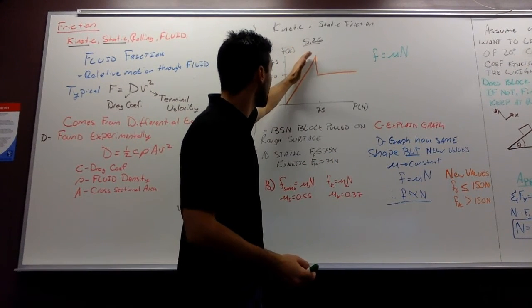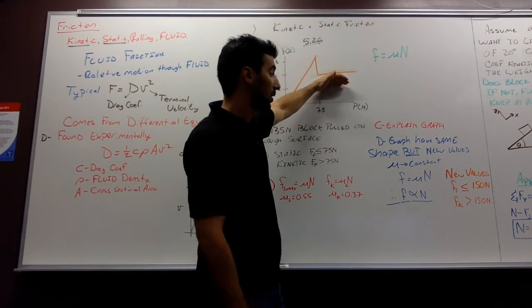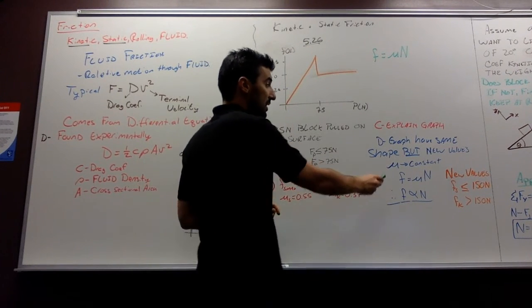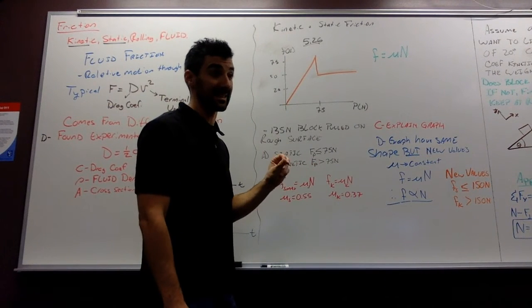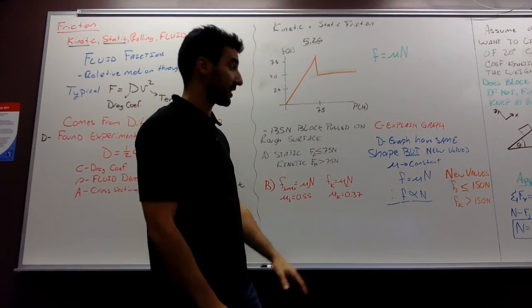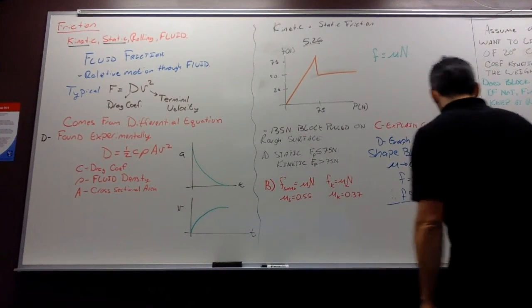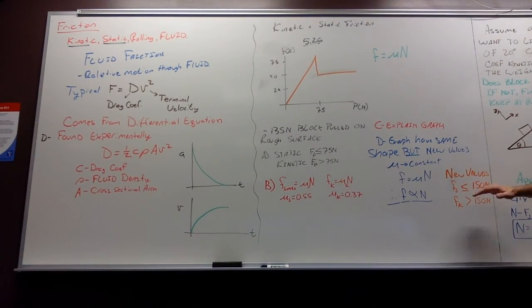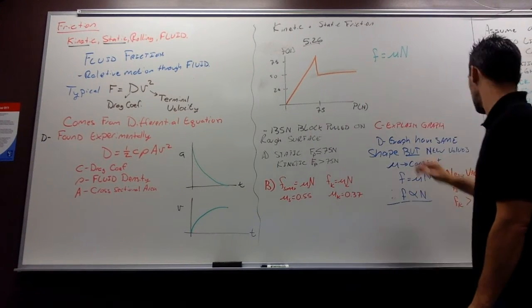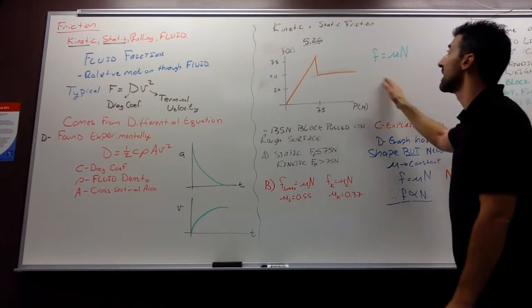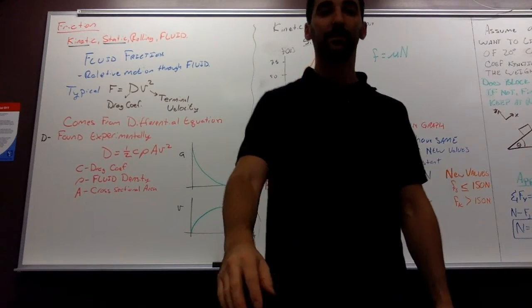The kinetic frictional force will go up, and the static frictional force will go up. What doesn't change are those constants. Mu is a coefficient that is a constant of kinetic or static friction. So our new values just have a static frictional force up to 150 newtons, and if I start pushing greater than 150 newtons, I have a kinetic frictional force.